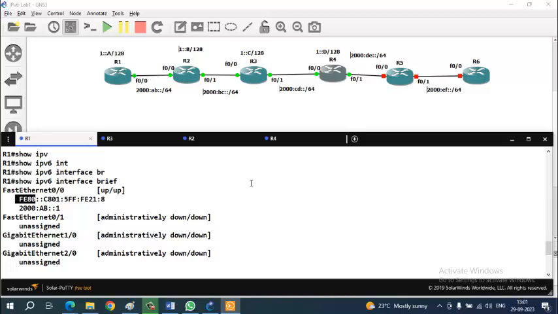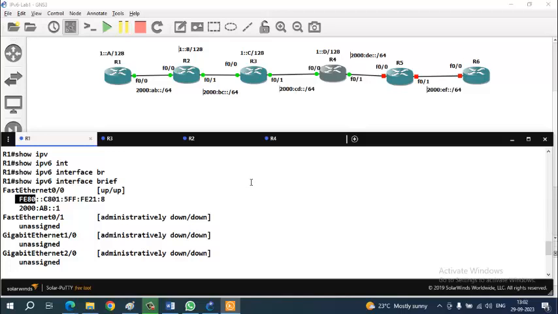For communication, we will use only 2000 series address, global unicast address. And what is the purpose of FE80? Only for neighbor discovery. They're dynamically generated, they're internally used.